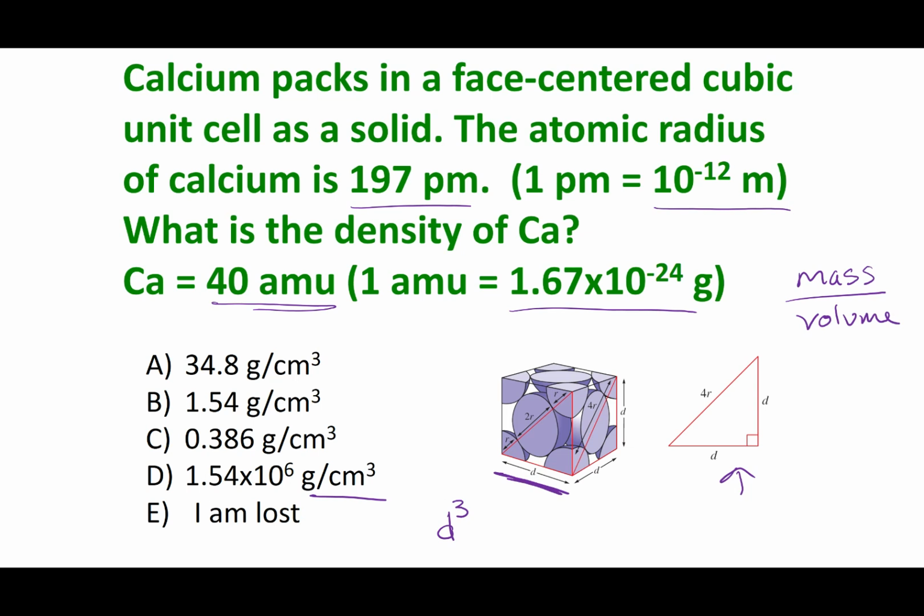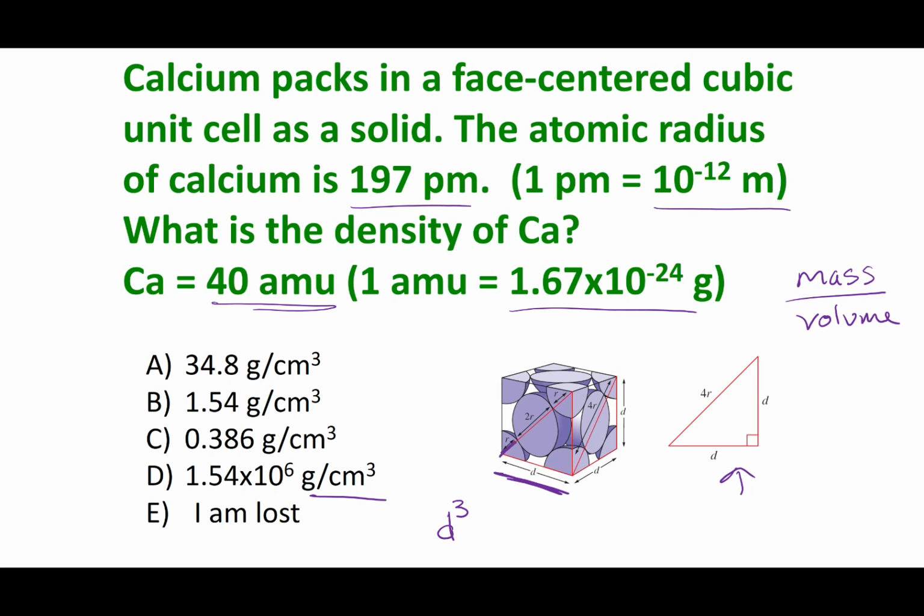Now, what I didn't give you was how long that edge was. What I gave you was the radius of each one of these calcium atoms. I can see how the edge relates to the radius of these atoms. If I look at the face of a face-centered cubic, this will help me figure this out. We can start at this corner atom.